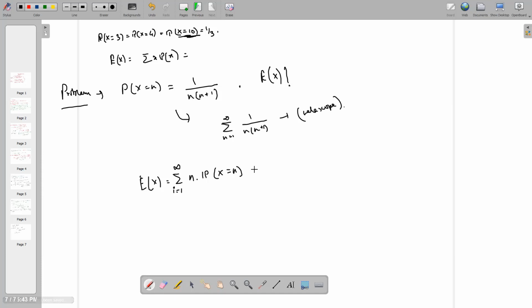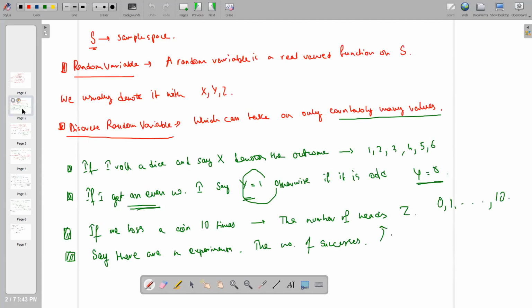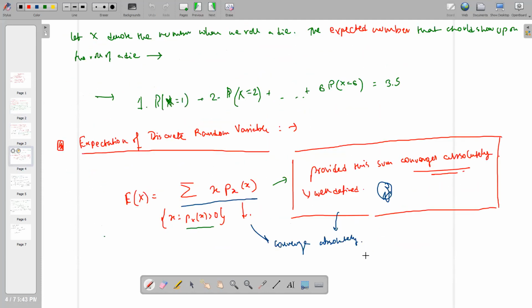There's a subtle difference in the definition, at least in the interpretation of expectation. At this point, I will redefine expectation after a few more propositions, because I need to define a few more things. But just take the definition once again, provided this sum converges absolutely, right?